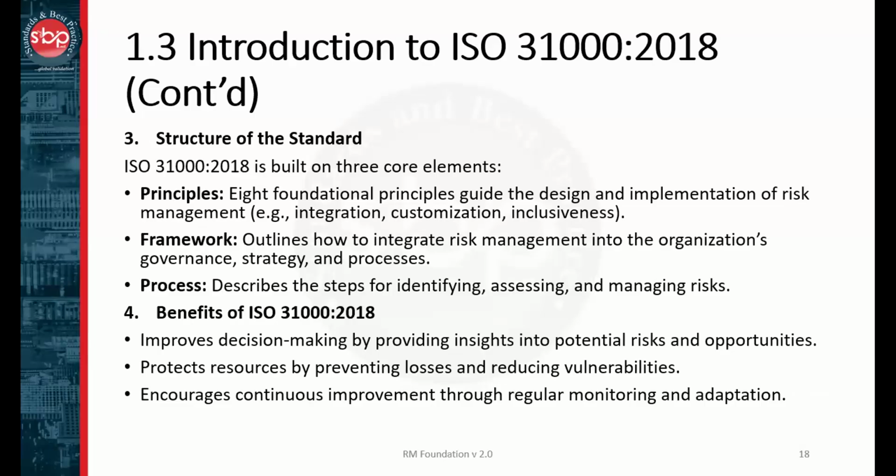You're supposed to bring it together so that there is a synergy between your risk approach and the organization. And of course, the processes: what's the step-by-step method for carrying out risk management? How do you identify, how do you assess, how do you manage, how do you control, how do you review? This is what the standard is structured around.